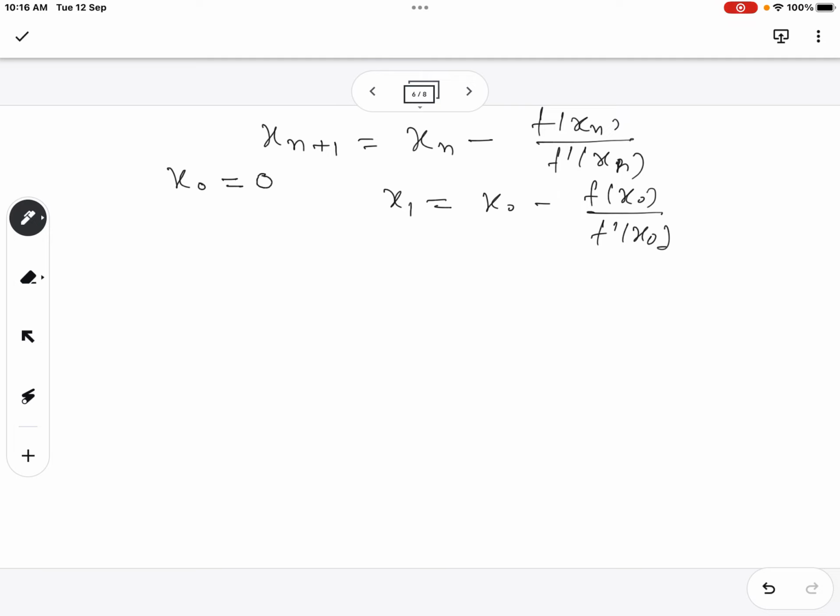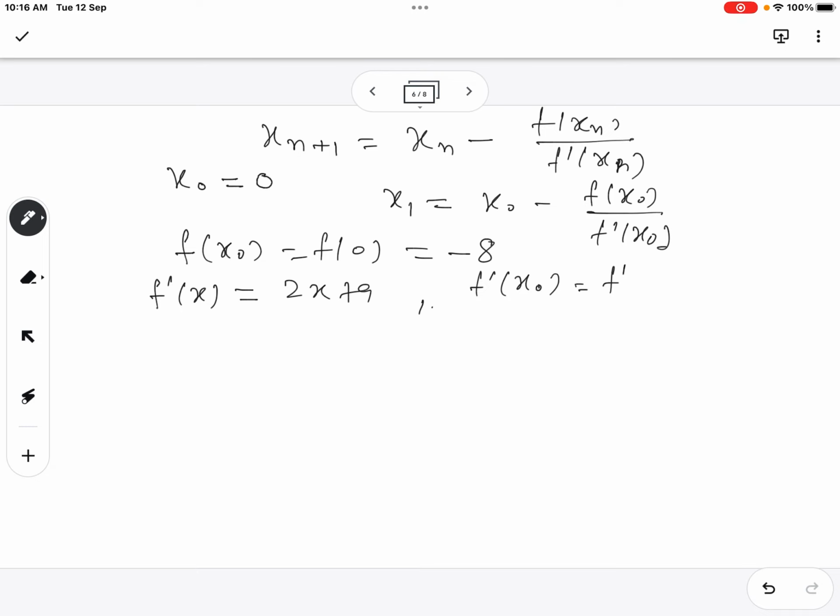And if I need to find the function at x0, that is f at 0, this is minus 8, and the derivative of the function is 2x plus 9, so its value at 0 is 9.